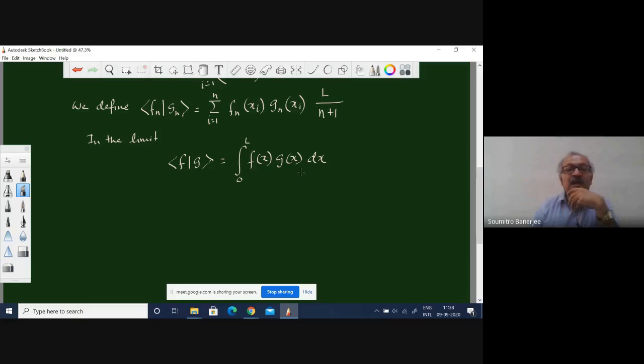For complex functions, if f and g are complex, then you have to put a star here. So in the case of the continuous basis vectors, we define in a particular way so that in the limit we can get this back. This is what we actually want to achieve.